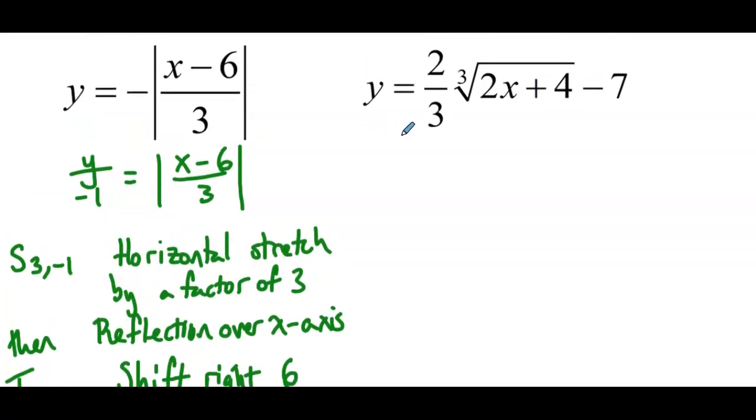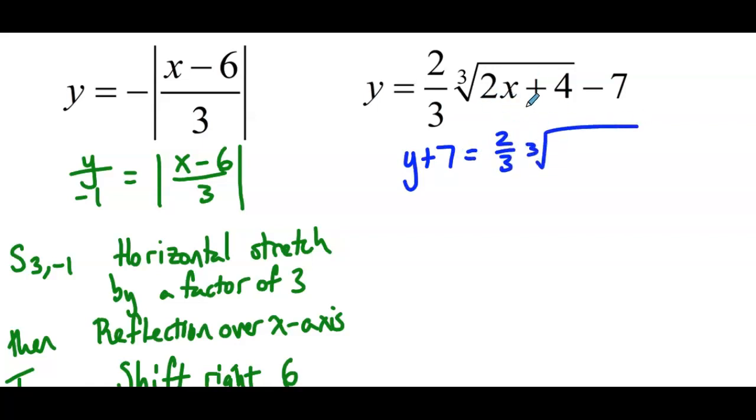Next up, we have y equals 2/3 times the cube root of (2x plus 4) and then minus 7. So now we're getting a bit more involved. We have a lot more going on in this function. So first thing, we want to add 7 to both sides. So we have y plus 7 equals 2/3 times the cube root.